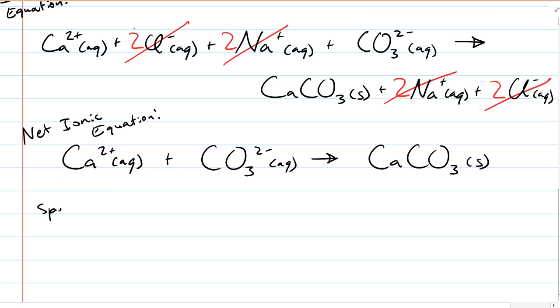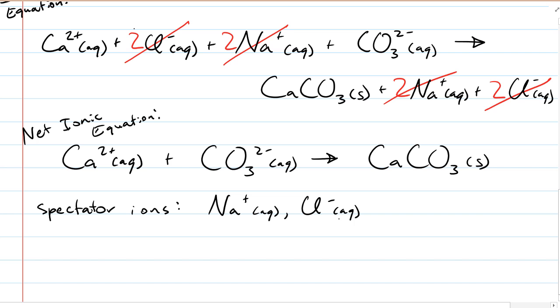And the ions that we cancel out that are common to each side are what we call spectator ions. We'd say in this case that the spectator ions are the sodium ions and the chloride ions. Okay? Now here's what all of this means.